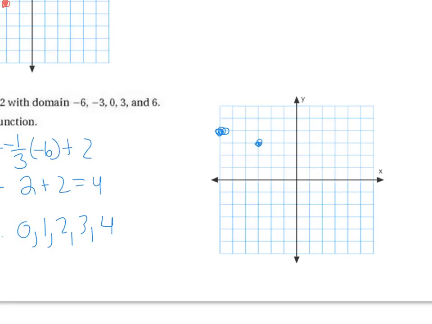And then we graph 0, 2. And then 3, 1. And then 4, 0. Or no, 6, 0. Actually, we don't, yeah. No, we're just graphing the points. So we don't do this connection.